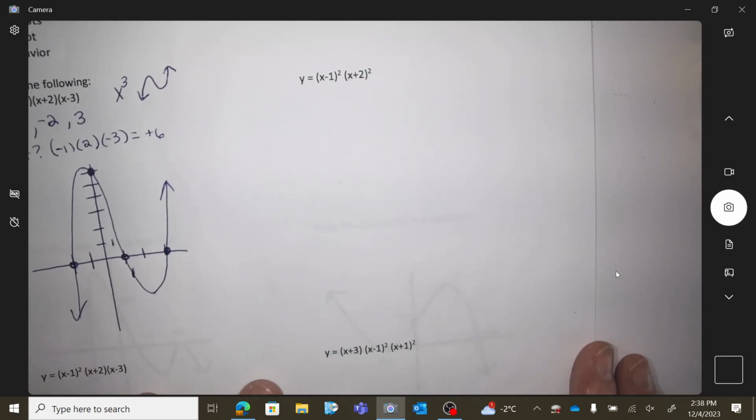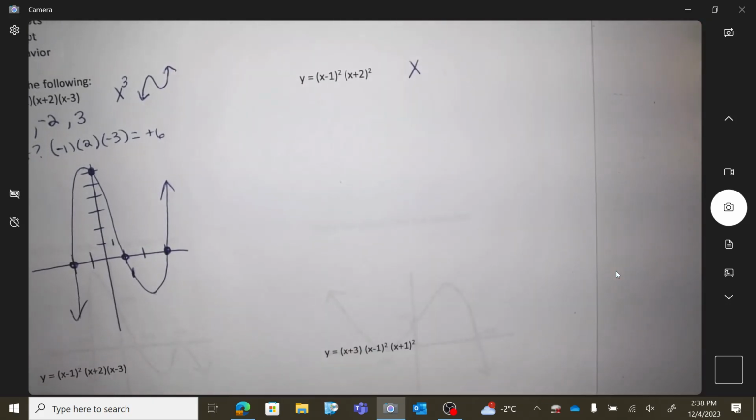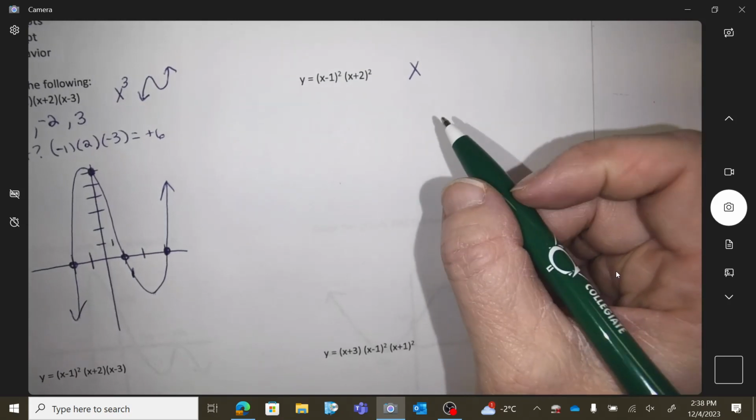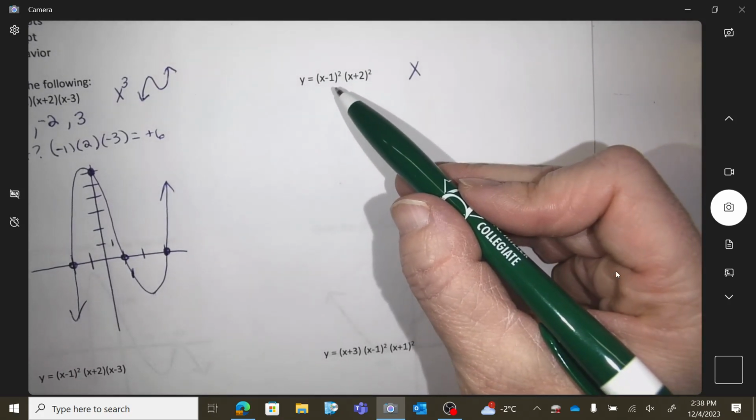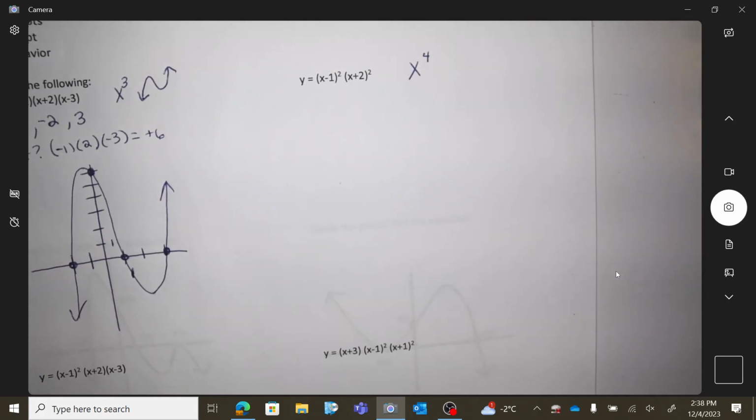Okay, number 2. How many x's get multiplied on this one? What degree would it be at the end of it all? Did you pick 4? X squareds in that one, more x squareds make x fourth.